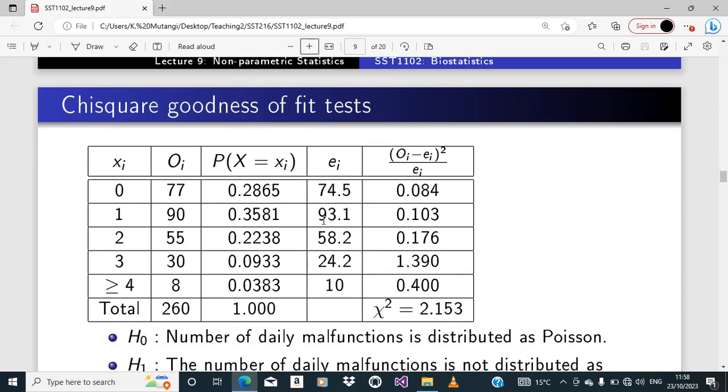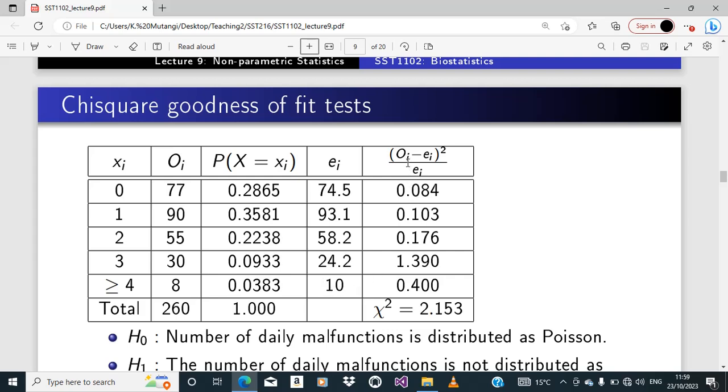Instead of going to 5 and above, we are now ending at greater than or equal to 4 here. We had two classes below this, which had the 3 and the 5. So now the observed is 8 if you add 3 and 5. Then you can see that the expected has been adjusted to 10.